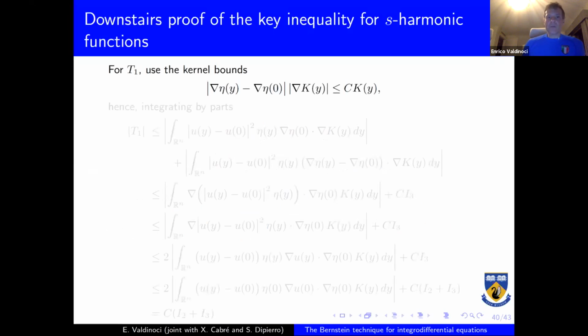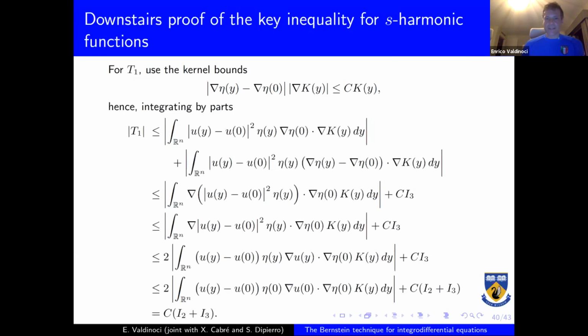Okay, but for T1, one uses again the control on the kernel and integrates by parts. Well, it's a little bit of a tedious computation. Probably I don't have much time, but again, the idea is that I have to integrate by parts as much as I can. And the integration by parts will produce from T1 additional terms I2 and I3.